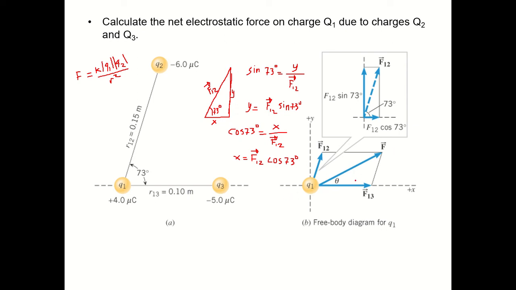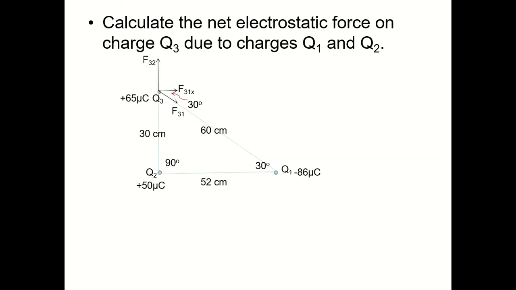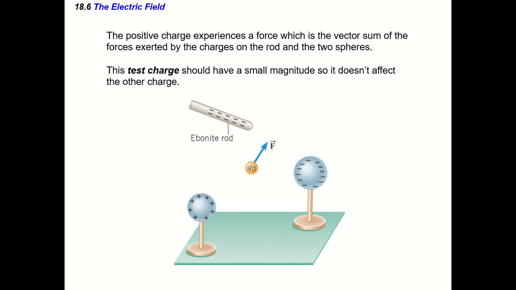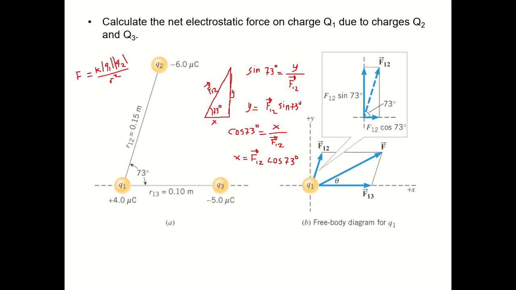Once you obtain that one, class, you just add the two vectorially, and if you look for the magnitude, then you can just take the square root of the square of this one and this one, and you will get this. So I hope you understood what I am talking about, class.